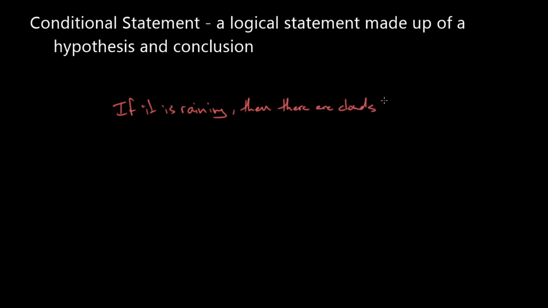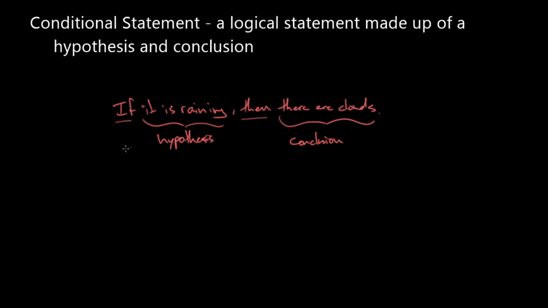This statement contains two parts. It contains my hypothesis, which is this part, "it is raining." And it also contains my conclusion, "then there are clouds." They're pieced together with these two words, my if and my then.